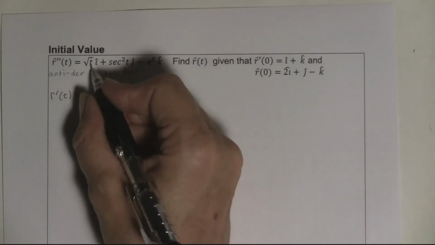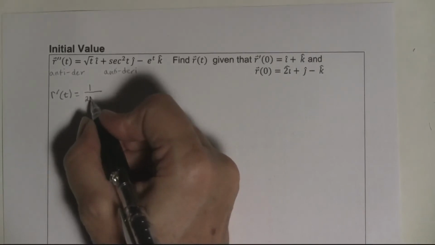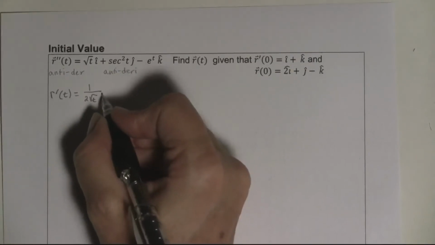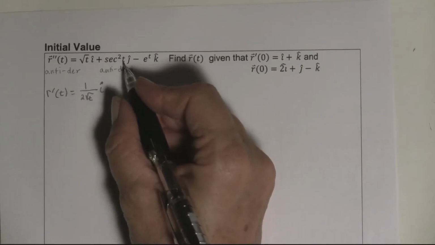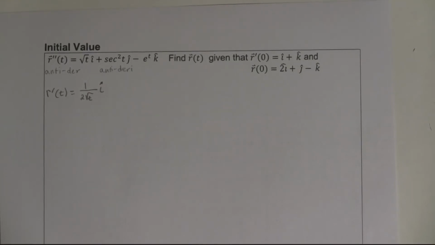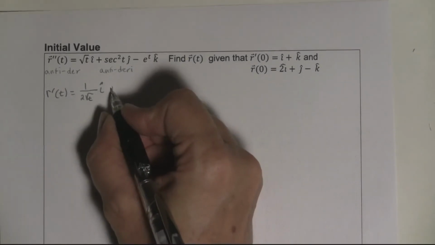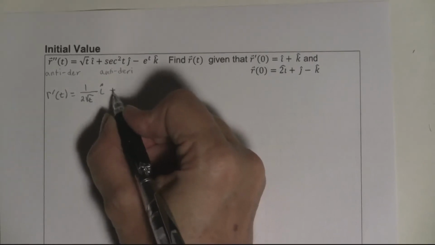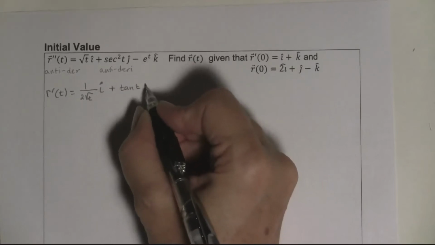And then the antiderivative of this is 1 over 2 square root of t, i. And then the antiderivative of secant squared, I didn't have to break it apart into each individual one, just because these were so nice and friendly. If you're thinking tangent, you're right. So this is plus the tangent of t, j.